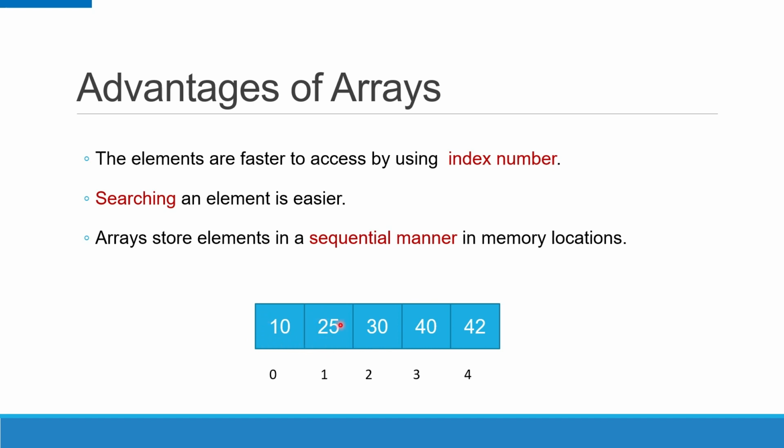Next, your 25 element will be at location 1004, the next at 1008, the next at 1012, and 1016. Like that, the array elements get stored at contiguous memory locations. So this is also beneficial for searching and accessing the elements from the array. So these are all the advantages of array.